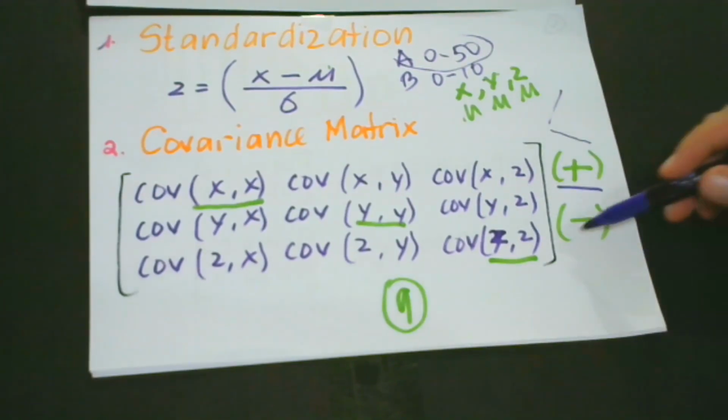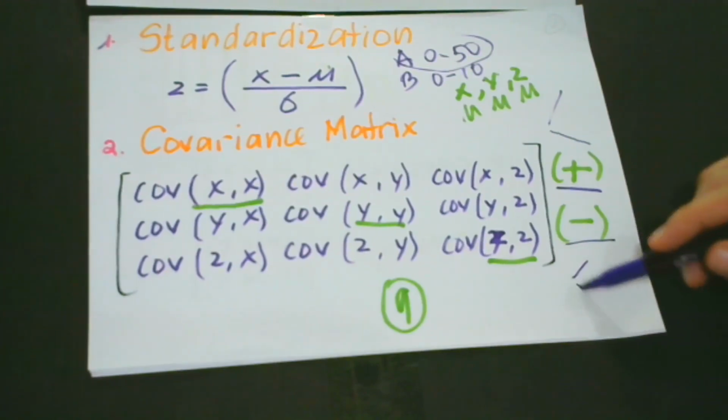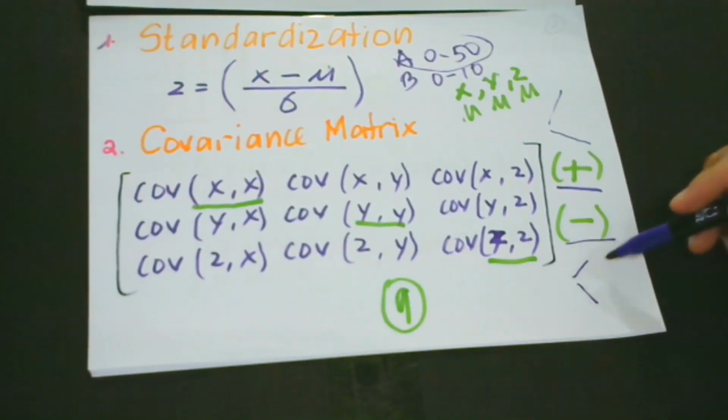If it is negative, it means that the two variables are inversely correlated. So it means that when one variable increases, the other decreases, or when one decreases, the other increases. If it is zero, they are not correlated.